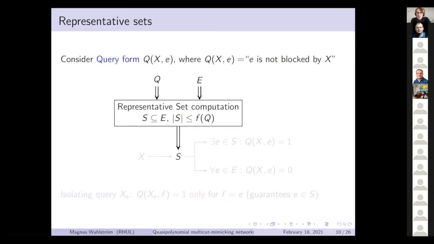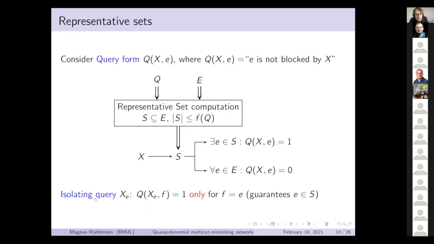The guarantee on this much smaller output set is that for every query X, either there exists an edge among the marked edges which is not blocked by X, or you have a promise that all edges in your original graph were blocked by X. And what we're aiming for is that if there's an edge E in the solution, which is part of the optimal partitions for some partition of terminal sets, so the edge E is required for an optimal solution, then there exists a query X_E such that E is the only edge in the graph not blocked by X.